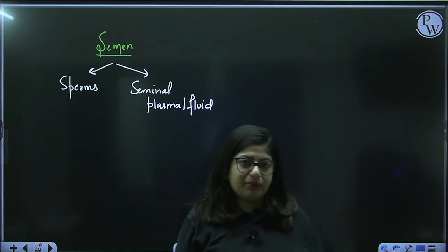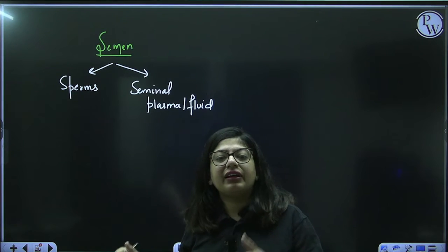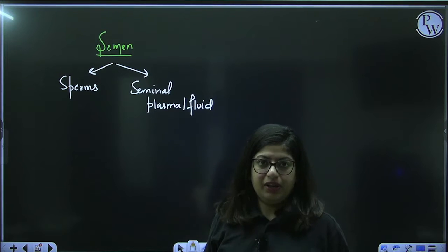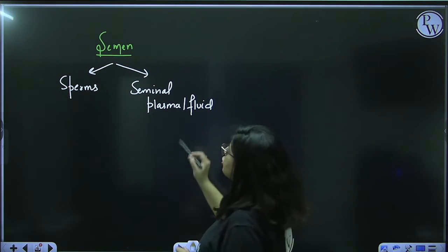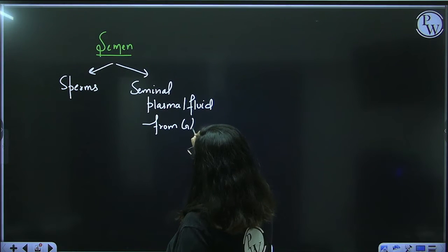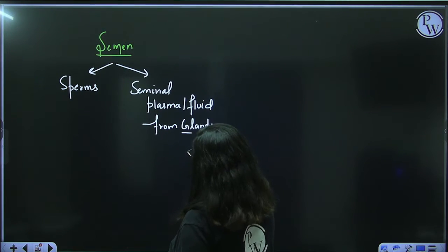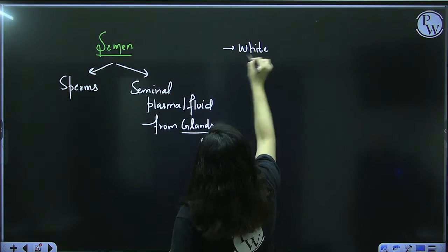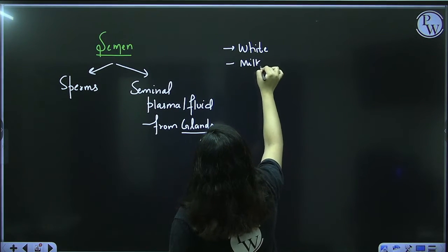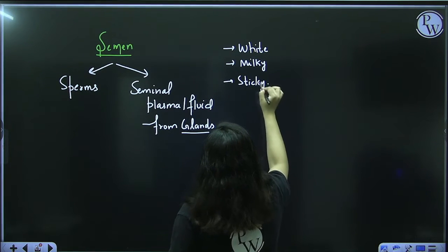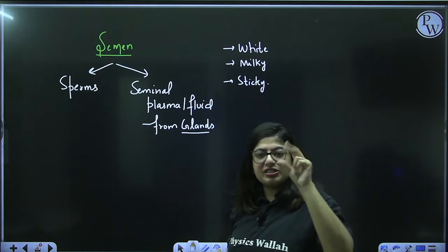This semen is deposited in the female reproductive tract during insemination because it contains sperm. This seminal fluid comes from glands. The color of this fluid is white, just like milk. It's a little milky and it is sticky, right? If you touch it, it is sticky.